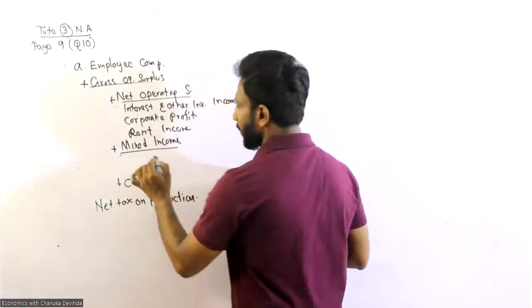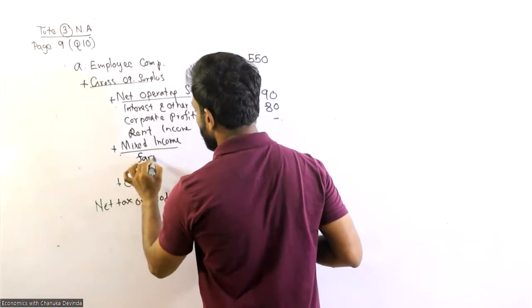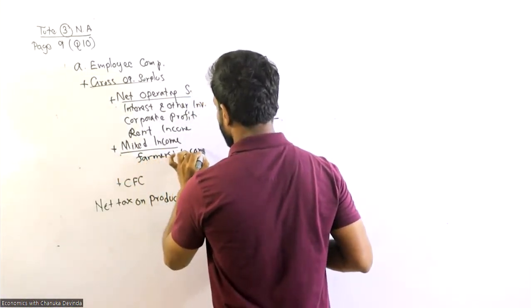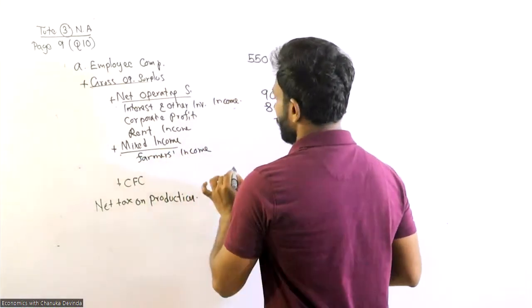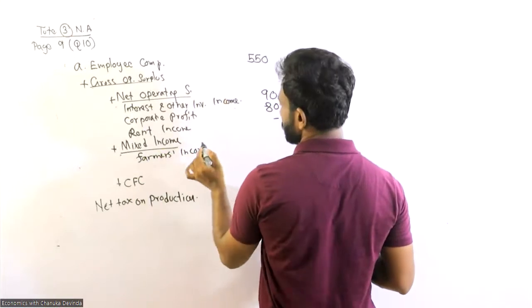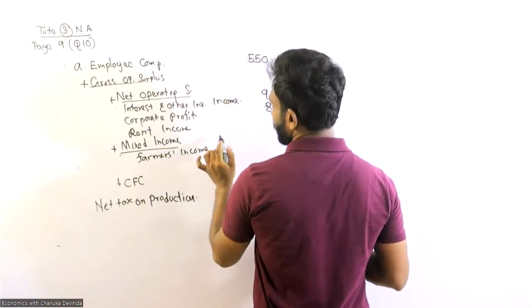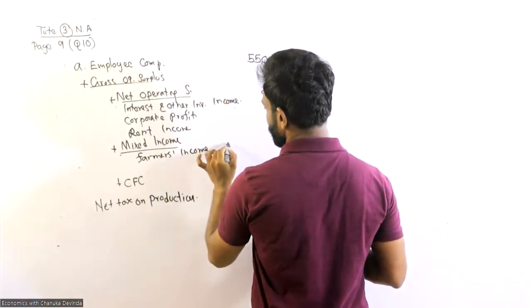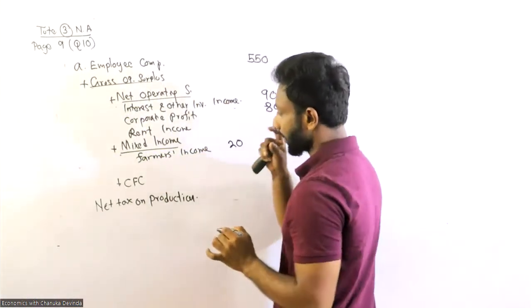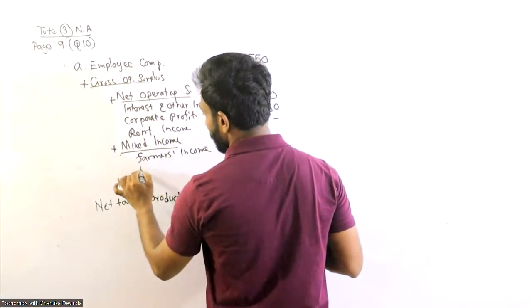Farmers' income is a part of what? How much is it? 20. It's a part of mixed income and also non-corporate profit.